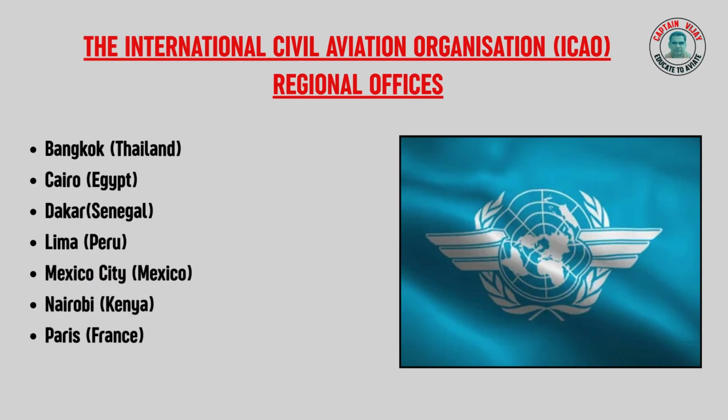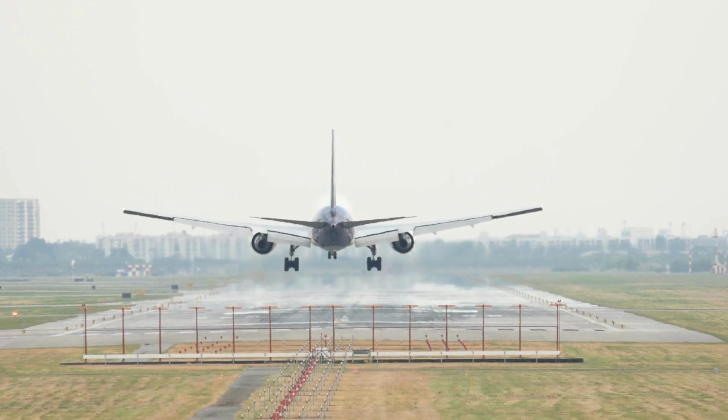ICAO maintains 7 regional offices across the globe, located at Bangkok, Cairo, Dakar, Lima, Mexico City, Nairobi, and Paris. With this, we have arrived at our destination.